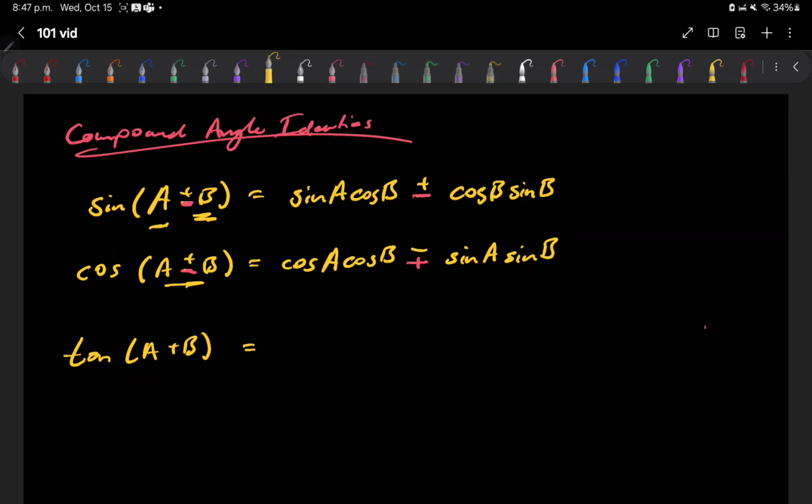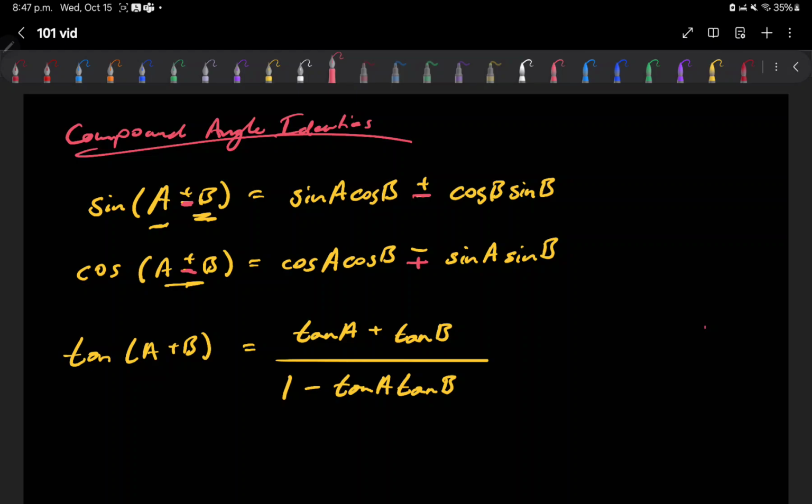But for time's sake, we are just going to know that the compound angle for tan is tan of the first, same sign between, tan of the second, and that will all be over 1, the opposite sign in between, and then tan of the first times tan of the second. And if we had the opposite sign in the angle, we would have an opposite sign to every spot there's a sign in our identity.